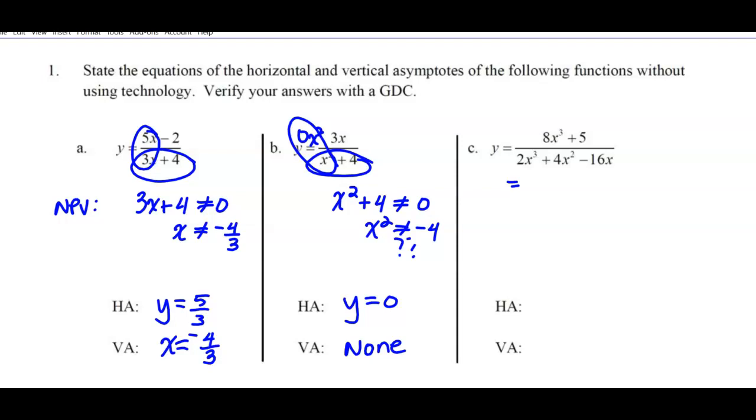Can't factor the numerator, we can factor the denominator.